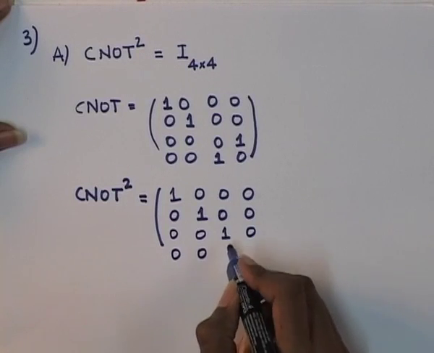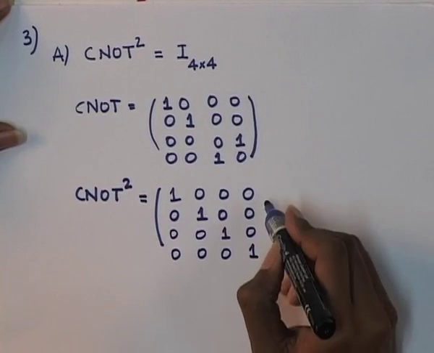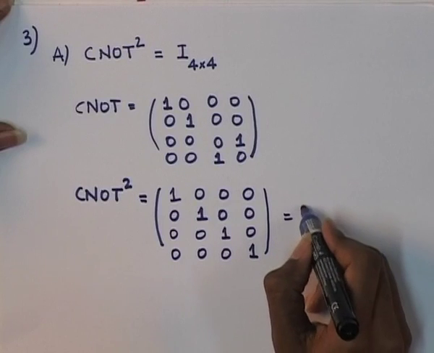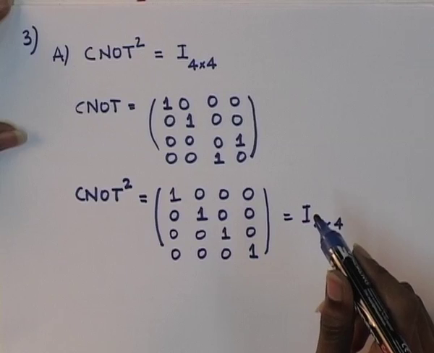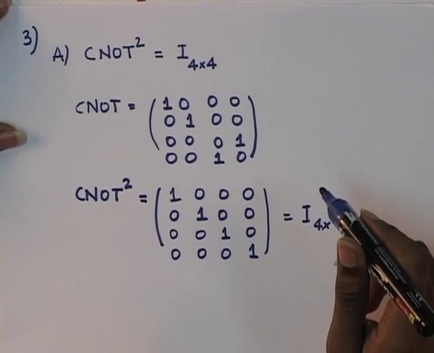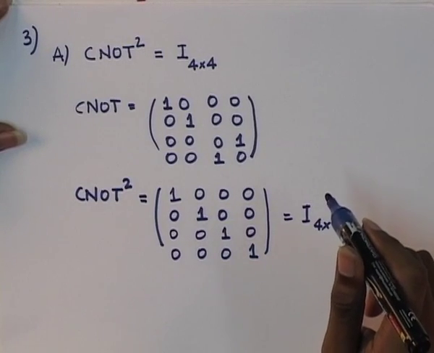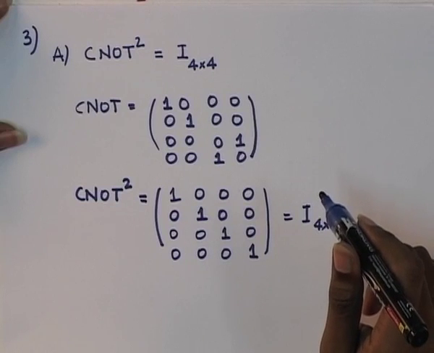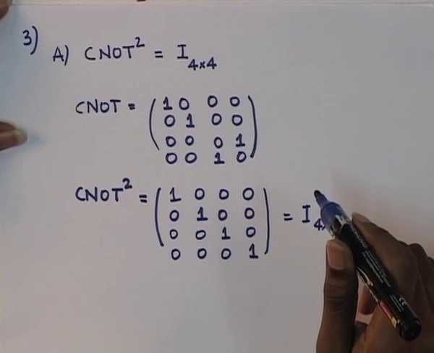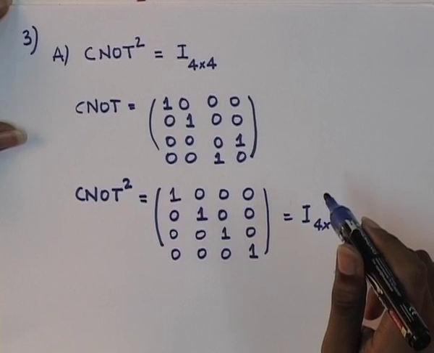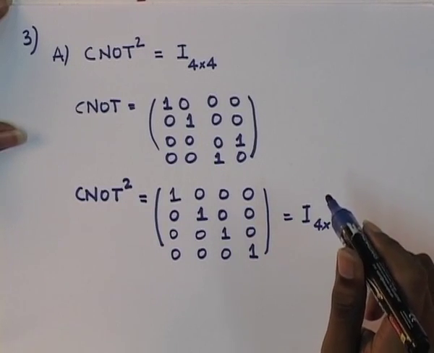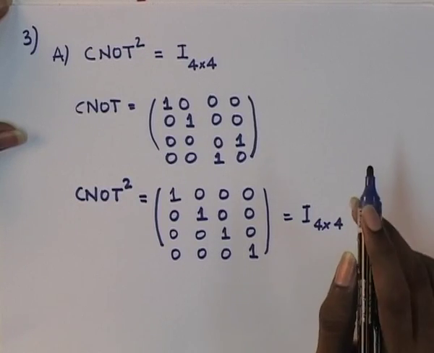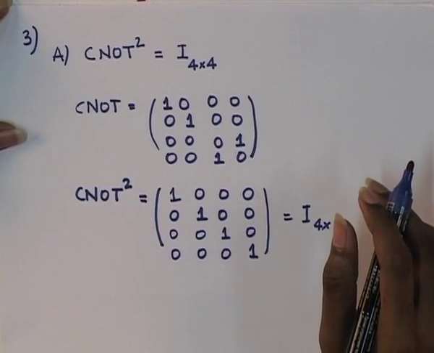Similarly for the fourth row, we see that we obtain identity matrix of size 4 cross 4. Similarly, when we multiply CC naught gate with itself, we obtain identity matrix of size 8 cross 8. So option A is correct and option B is wrong.